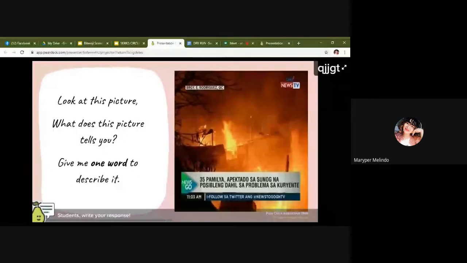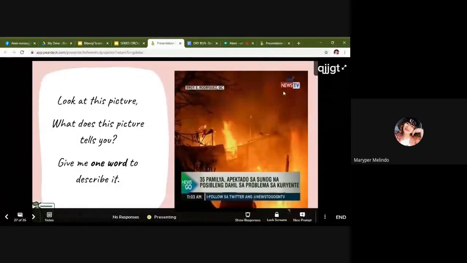Sadly, this picture is an actual photo covered by GMA News TV in Barangay E. Rodriguez, Quezon City, with 35 families affected because of the accident due to electricity. Okay, so electricity is good, but if we do not know how to use it properly, it is very dangerous.